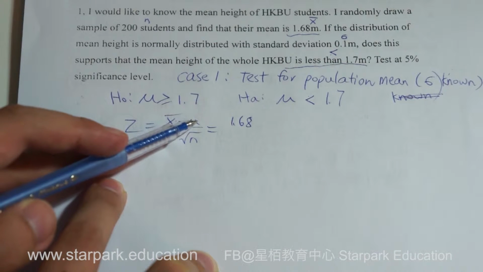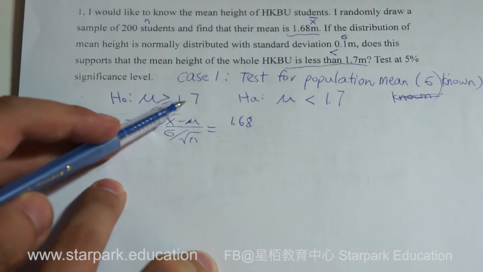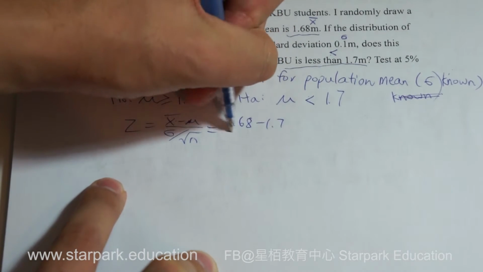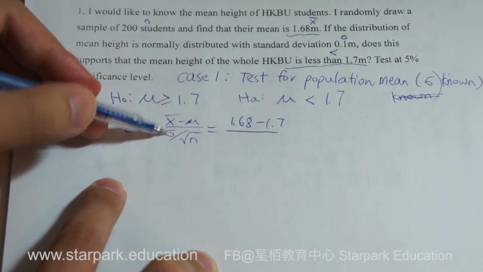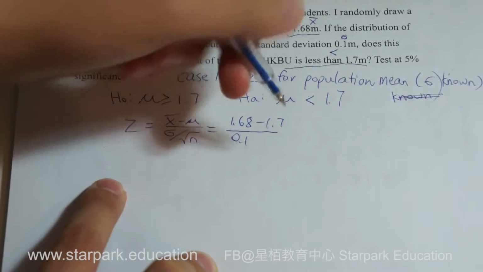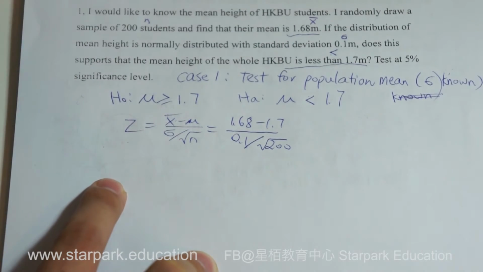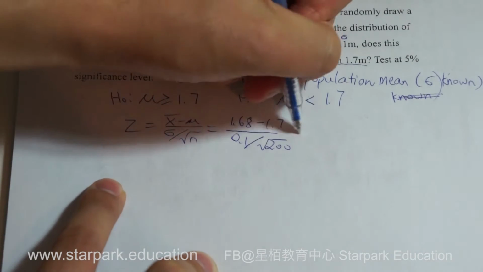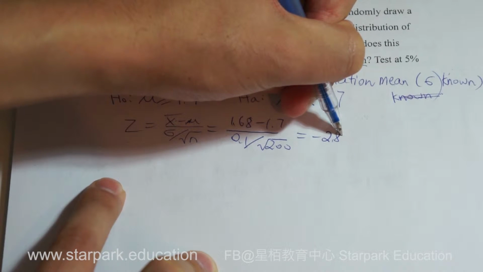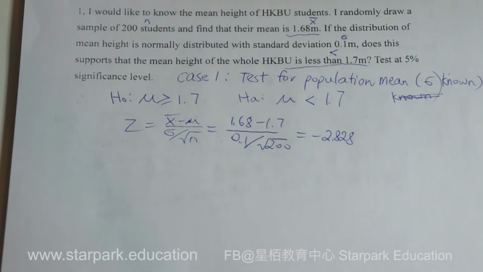Remember that in hypothesis testing, the number in this position should be the number you are going to test. So that means 1.7 meters. And then we divide it by sigma. Sigma should be 0.1, which is coming from the question. And then we divide by the square root of 200 for the sample size. And the last part is this number should be minus 2.828, which is the test statistic.